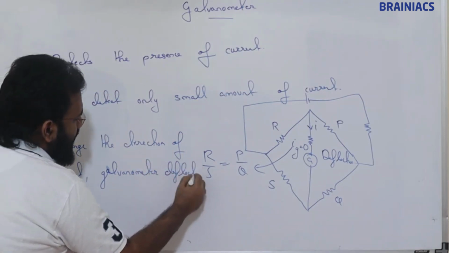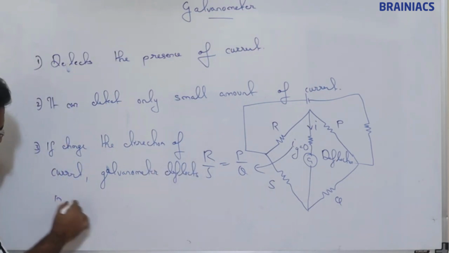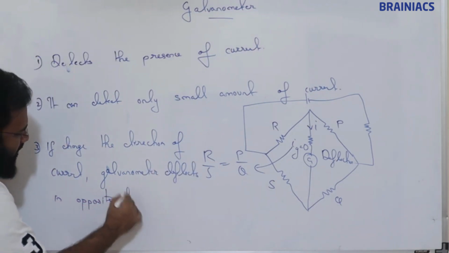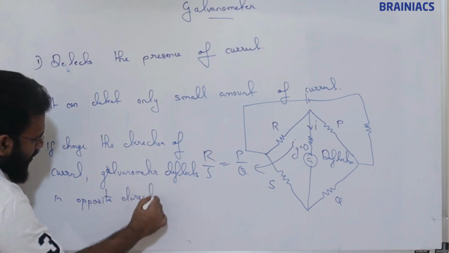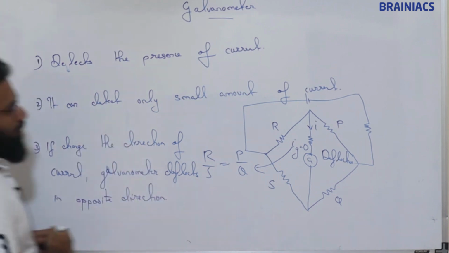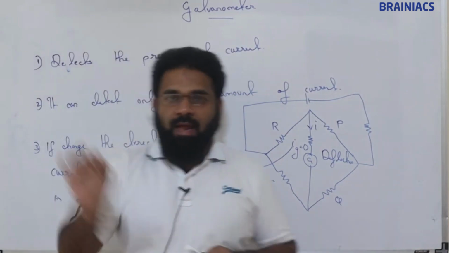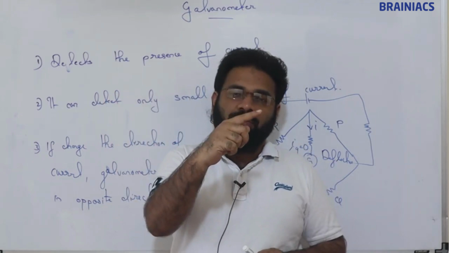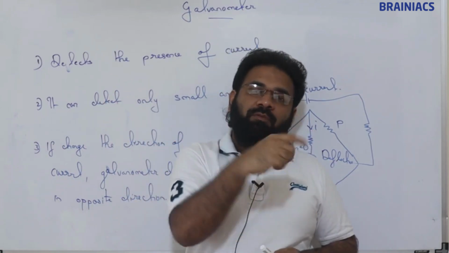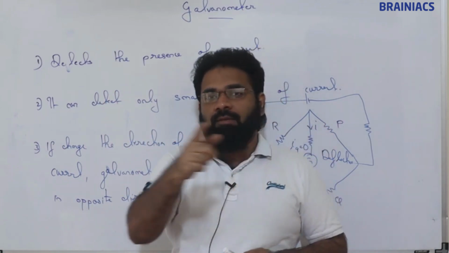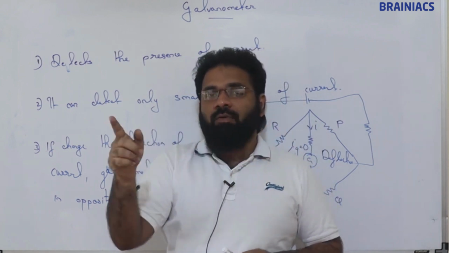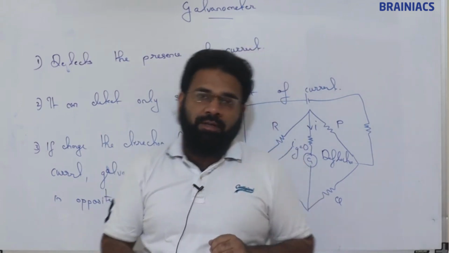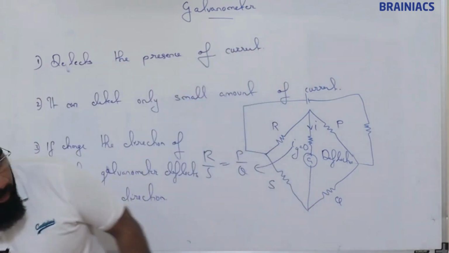So if current is flowing like this, galvanometer, suppose, is deflecting in this direction. If we connect the battery in such a way that current goes the other way, then the galvanometer deflection also will go to the opposite direction. These are a few points.